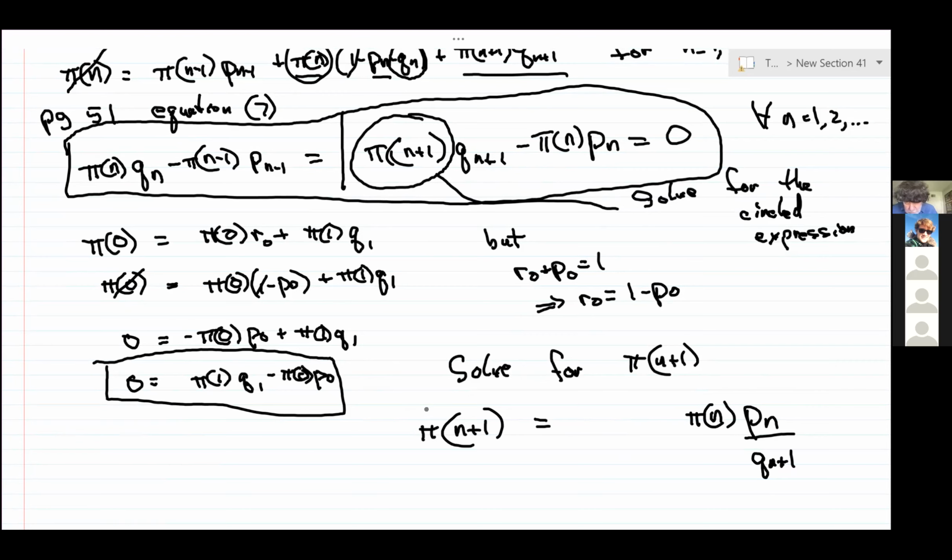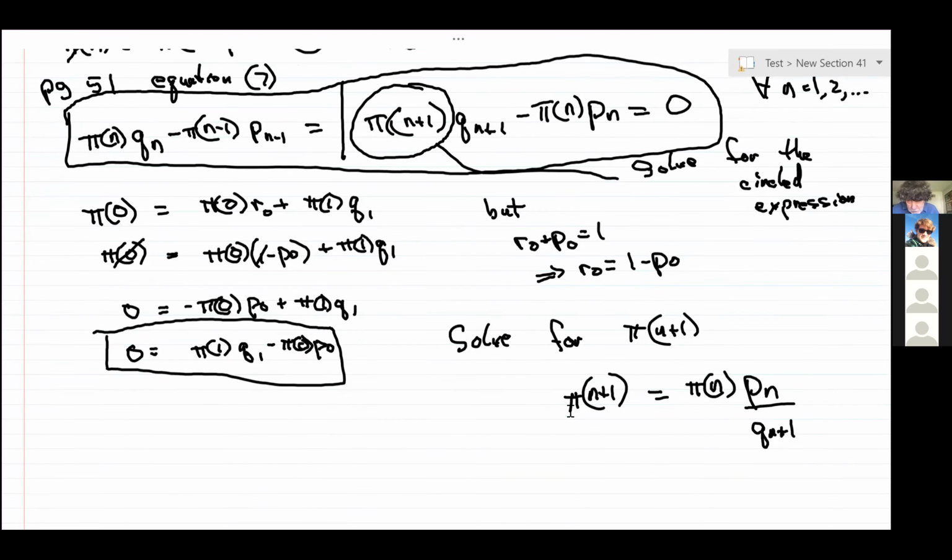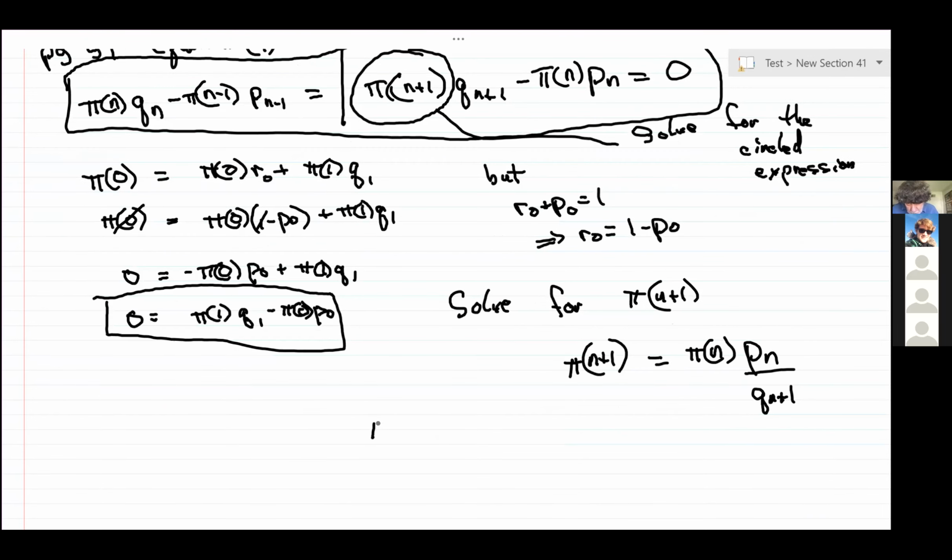So, okay, I can write this a little more compactly. What we just showed is pi n plus 1 is equal to this expression times pi n. So why don't we write that as if we would do it? We would say that pi n plus 1 is equal, let's put the constants in front. The Pn and the Qn plus 1s are known.